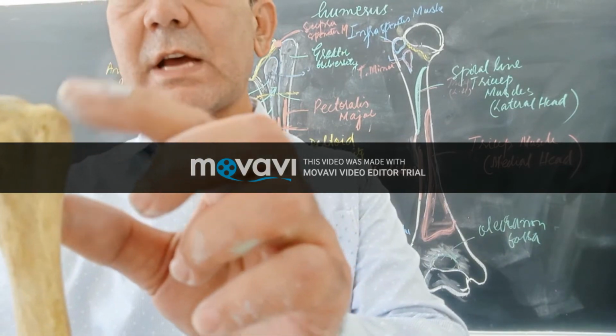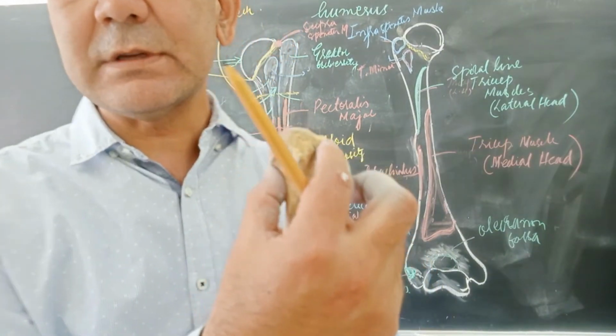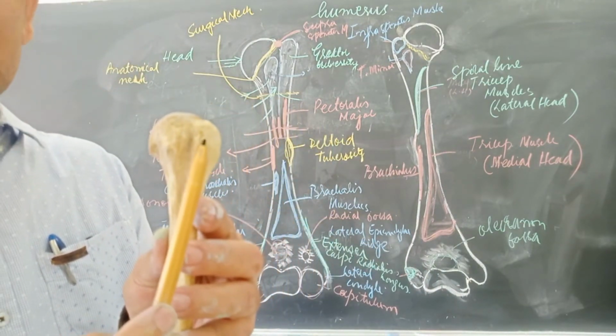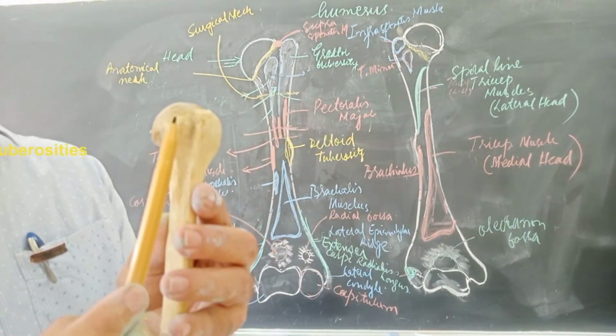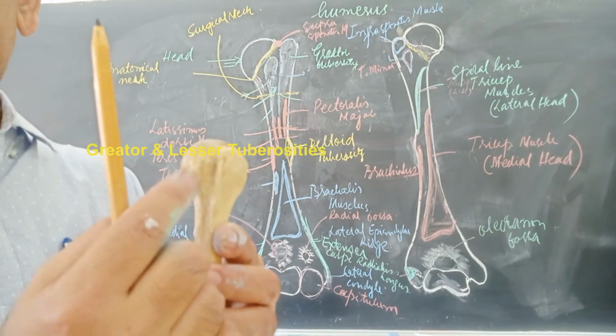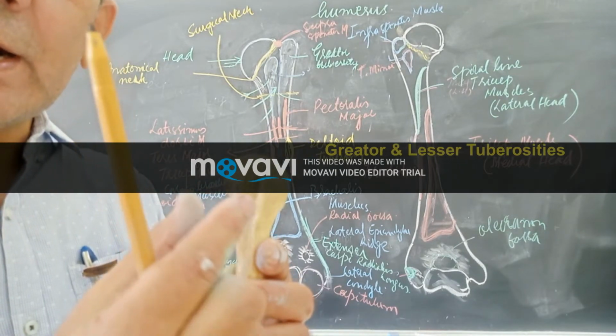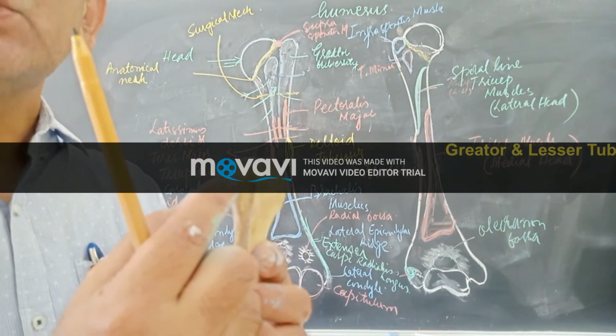Just on the lateral side is the greater tuberosity. On the anterior side is the lesser tubercle, which is called the lesser tuberosity.